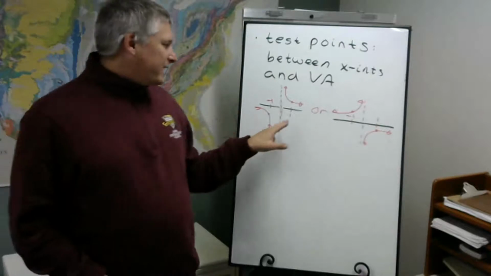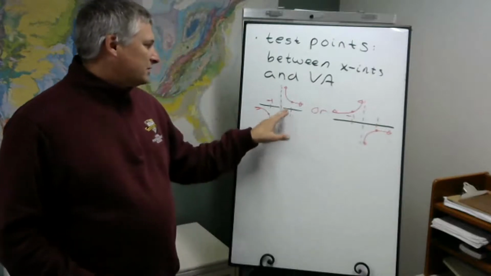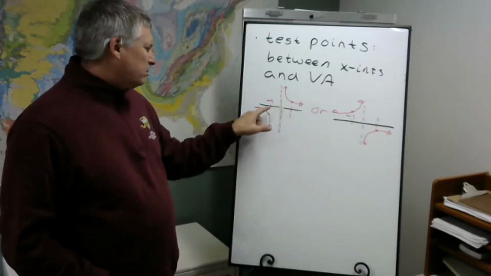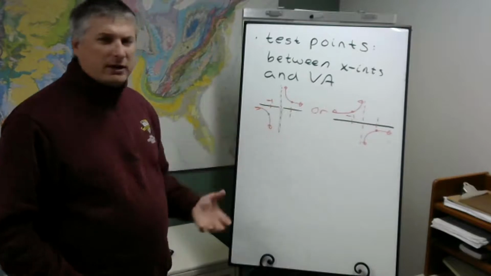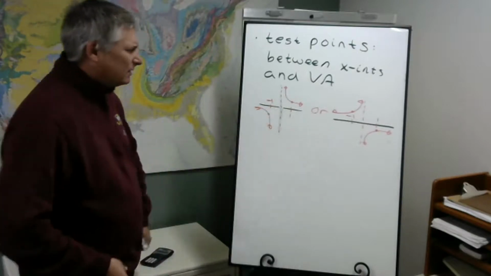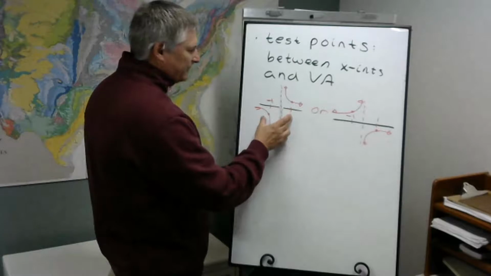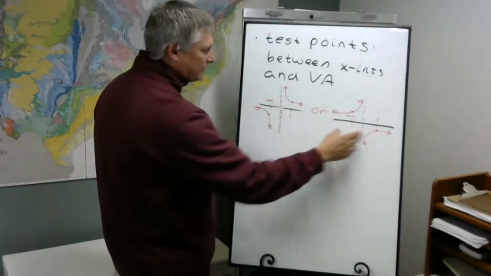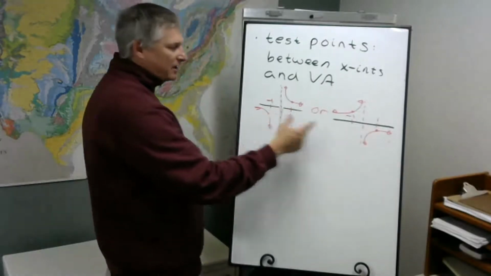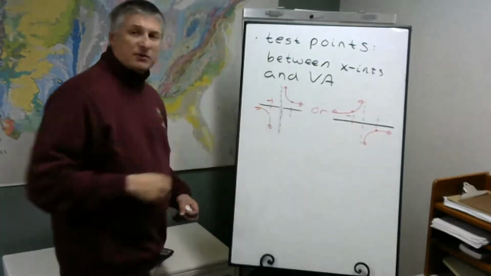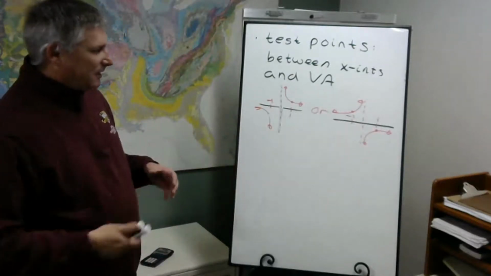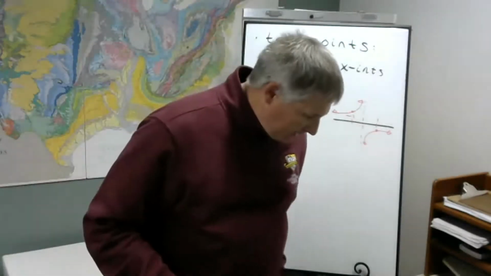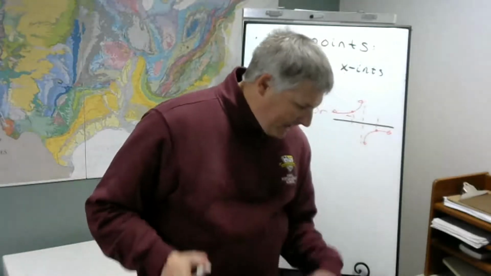So plugging in x is 1, seeing what kind of y value we get. Plugging in x is -1, seeing what kind of y value we get. It will help us decide if we have a function like this or a function like that. And we want to do this on either side of the vertical asymptotes. Now, we also do this kind of at the end.